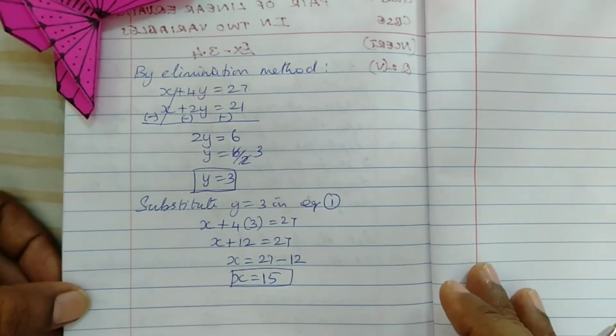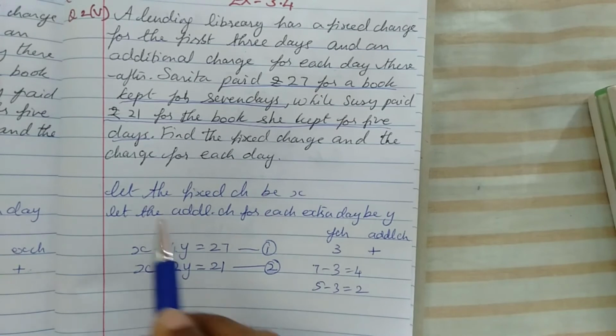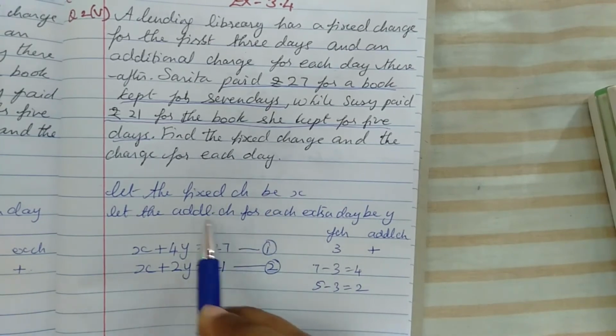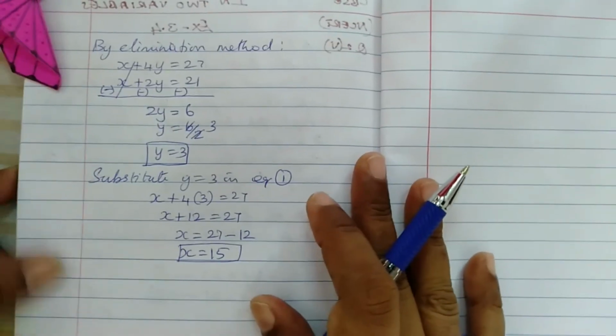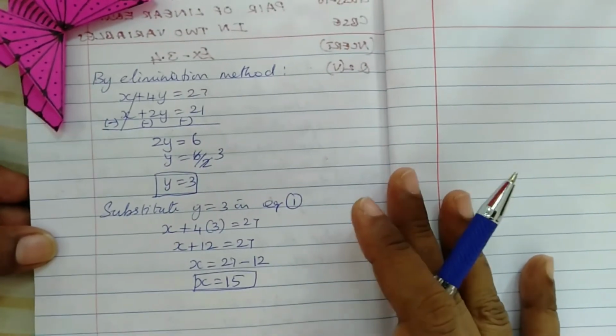Now we have taken the fixed charge as x and the additional charge as y. So let's write it over here.